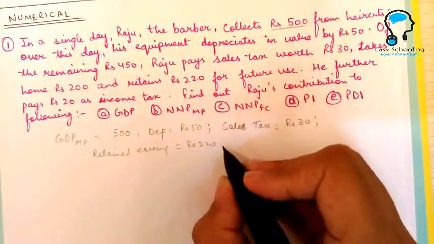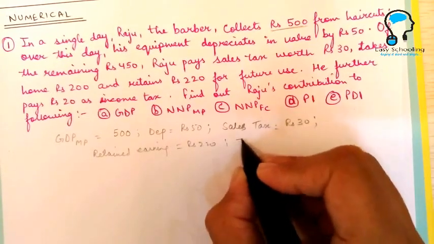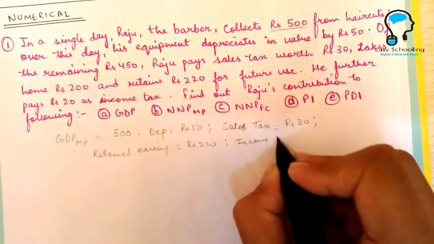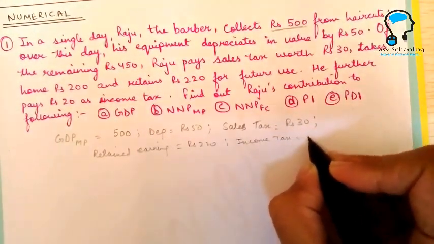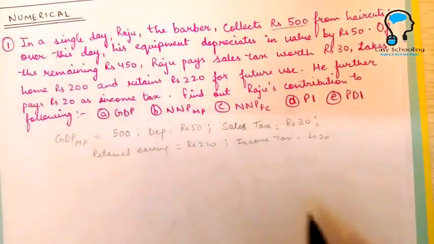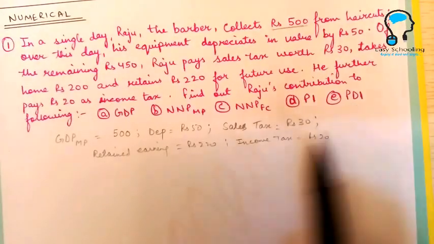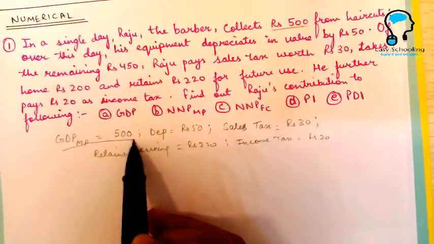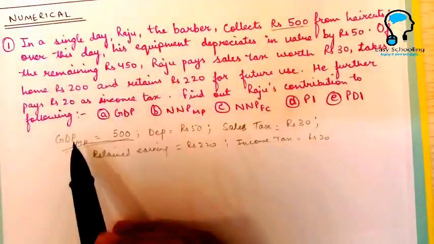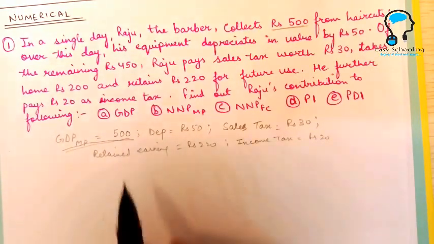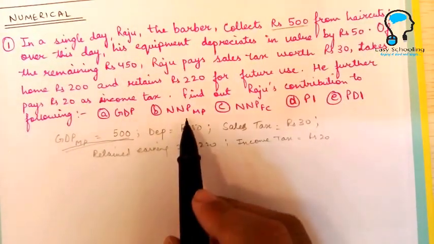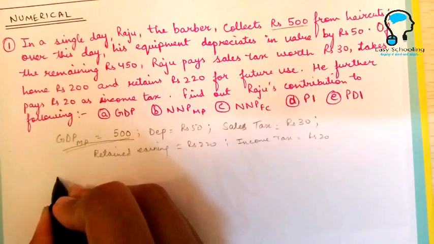He further pays rupees 20 as income tax. And we are also given income tax, which is rupees 20. We have to find out GDP, NNPMP, NNPFC, PI and PDI. GDPMP we have already got. This is the total earning of Raju. This is his GDPMP.